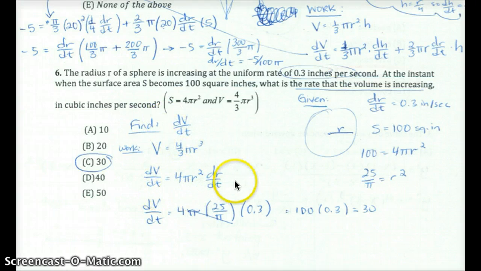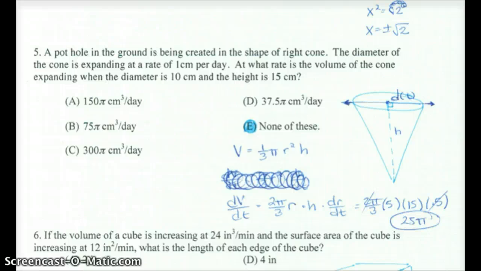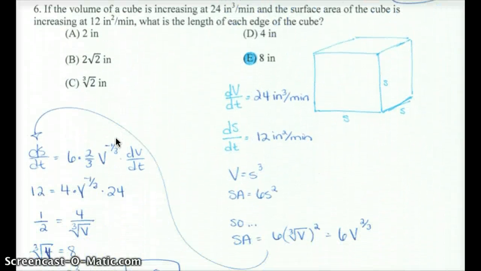But into this equation, in for r squared, I can plug 25 over pi because that's what r squared has to equal at that instant. And the rest is just evaluating numbers. Try this one for you. And here are the answers.